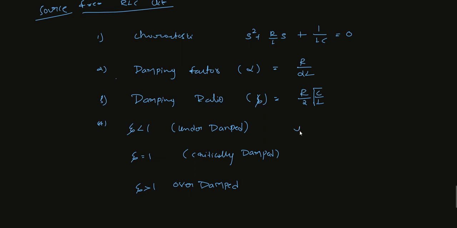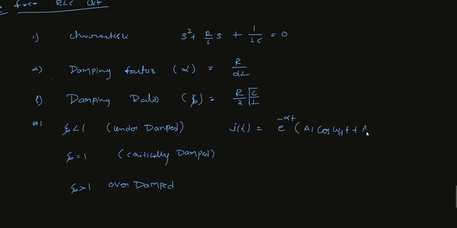Okay, so for this the response will be, I of t is equal to, for the underdamped system we will get the complex roots. So that's why this is e power of minus alpha t into a1 cos omega d t plus a2 sin omega d t.